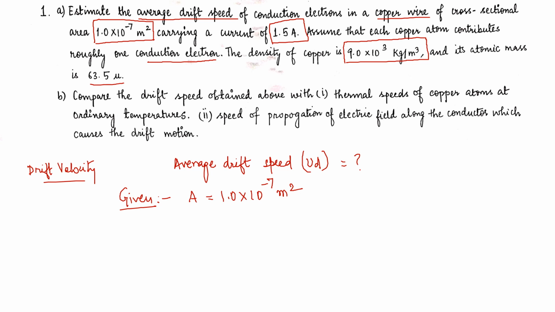Then the current flowing through this cross section, 1.5 amperes. Then the density of copper, rho, 9 into 10 to the power 3 kg per meter cube, and its atomic mass, A, equals 63.5 U, where U is the unified mass.